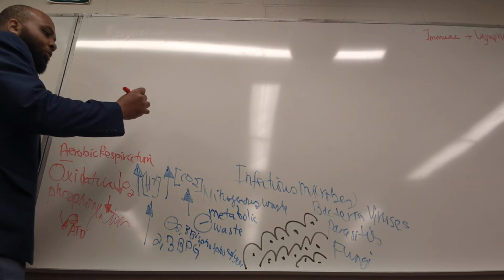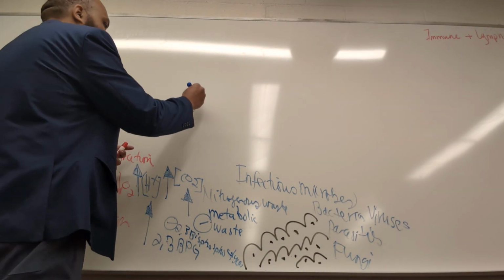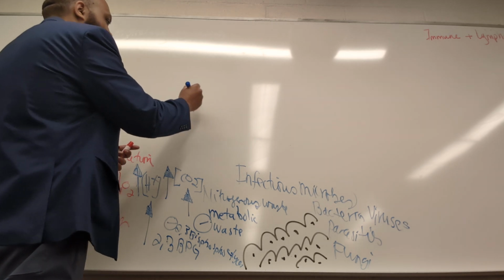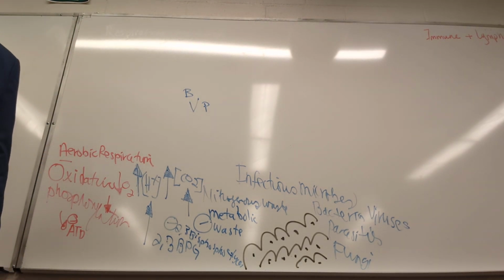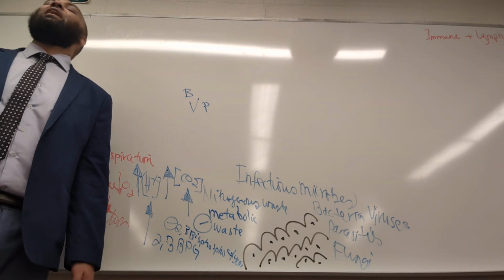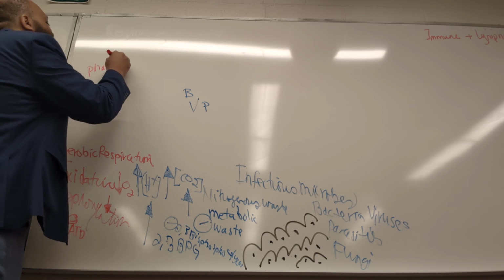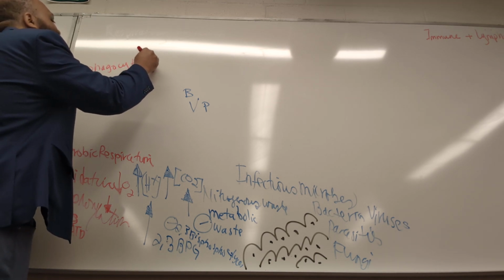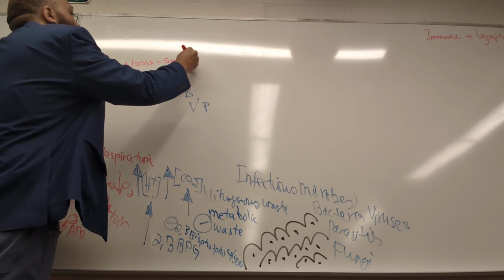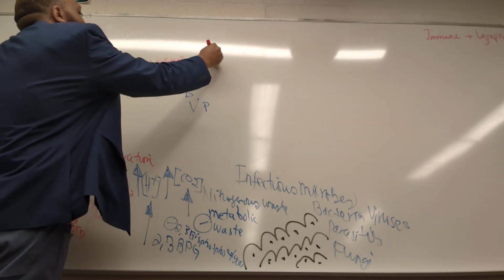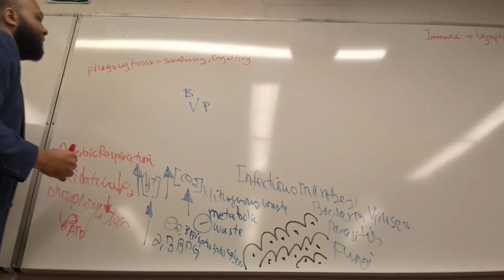We said that your white blood cells, if this is a microbe, a virus, bacteria, a parasite, what happens is we have phagocytes. What is phagocytosis? Phagocyte means swallow. Phagocytosis means swallowing or engulfing.